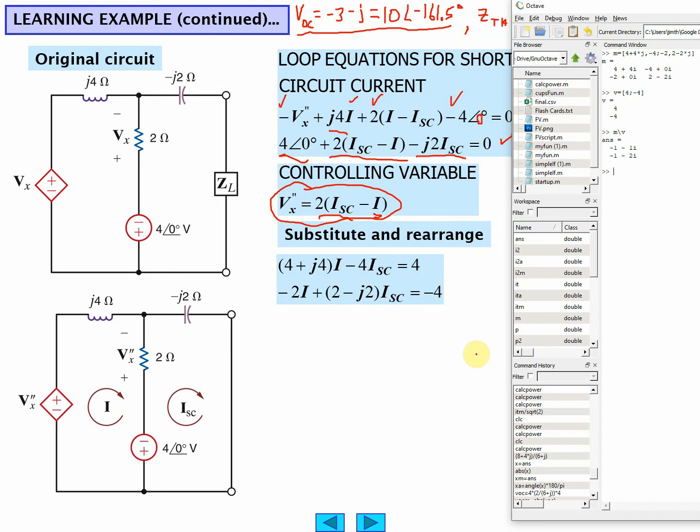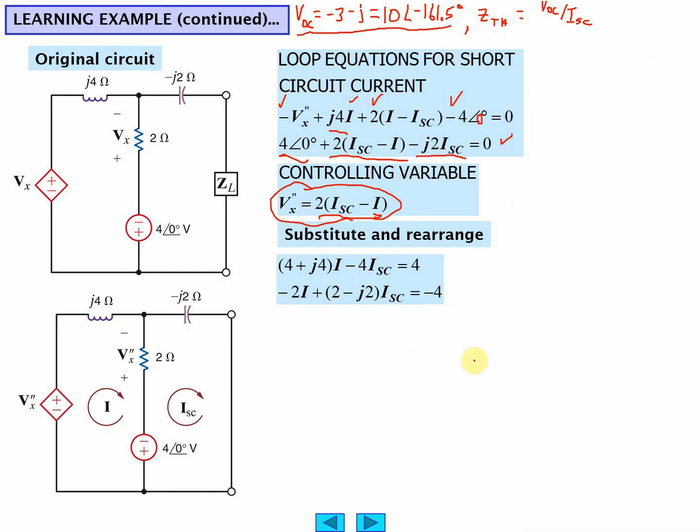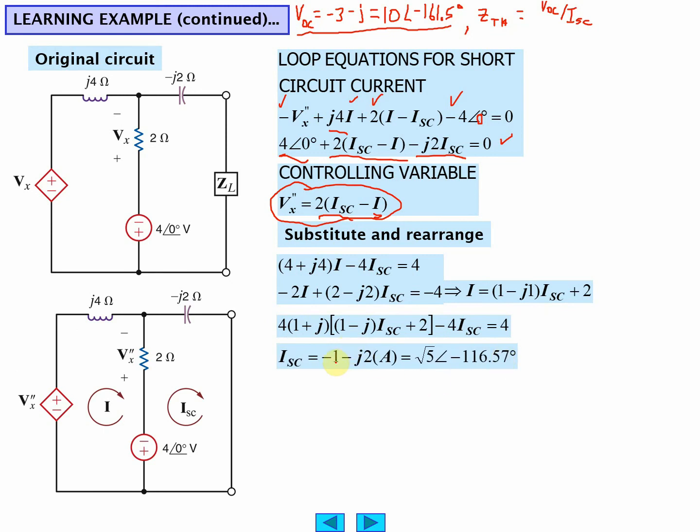So the first term, the I would be this right here, would be negative 1, negative j, and the ISC would be negative 1, negative 2j. So back to here. And they go through and solving it. Let's see. ISC is negative 1 minus 2j.